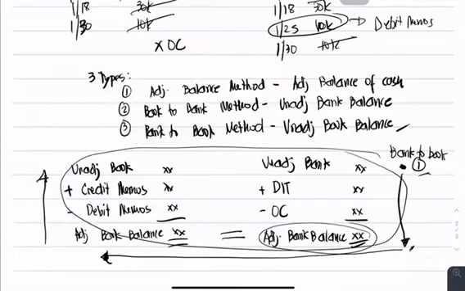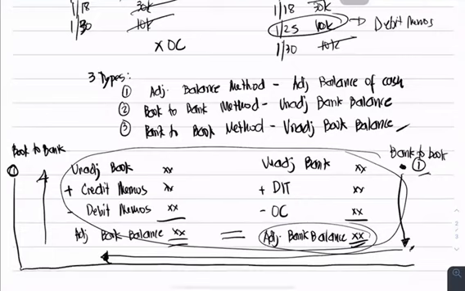How about if we are using book to bank? If that is book to bank, it is the opposite of bank to book. You start from the unadjusted book until you get the adjusted bank balance. And then whatever is the adjusted book balance, it is also the adjusted bank balance.